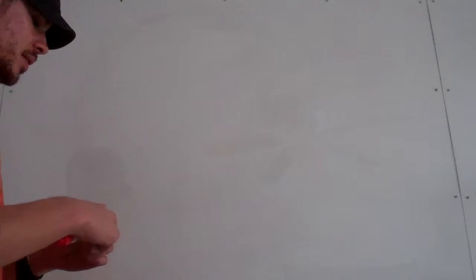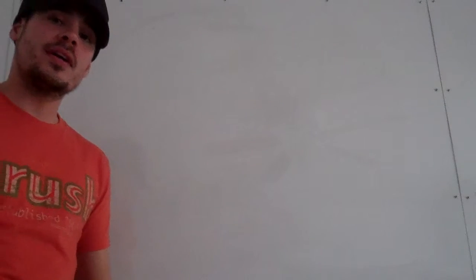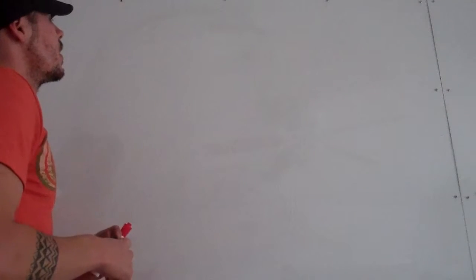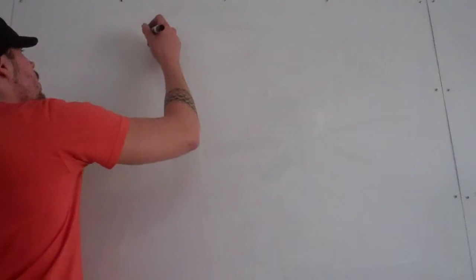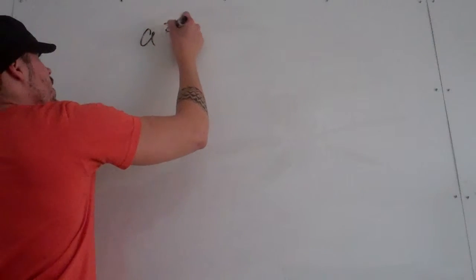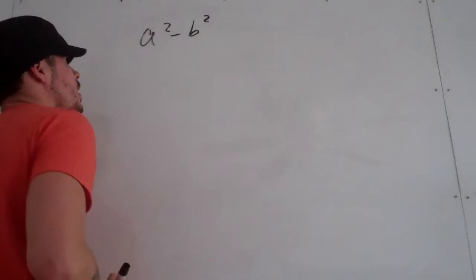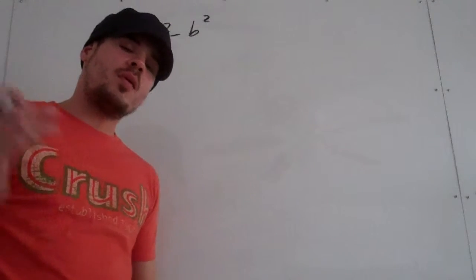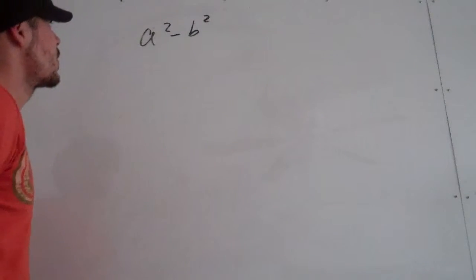What I'm going to do is go over the difference of squares. So let's get started. Let's say you have an expression a squared minus b squared, and your professor says, I want you to factor that thing.